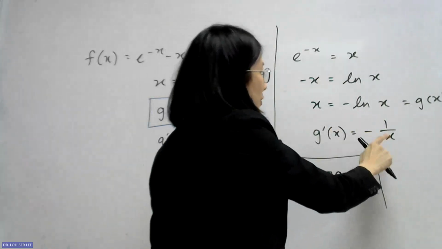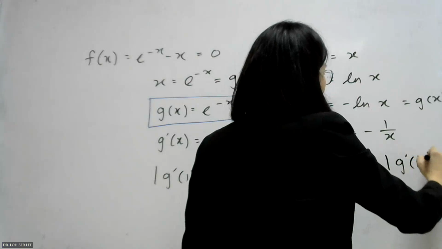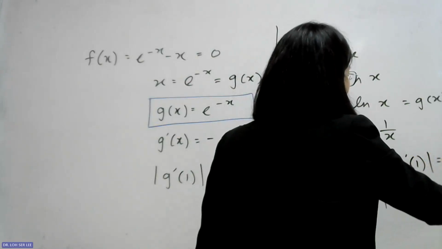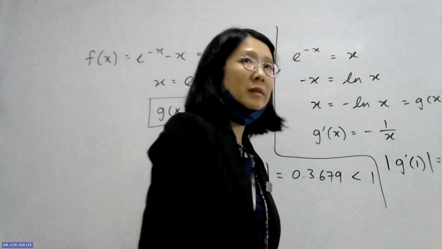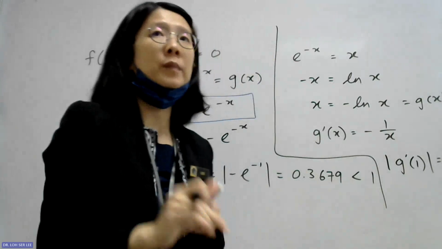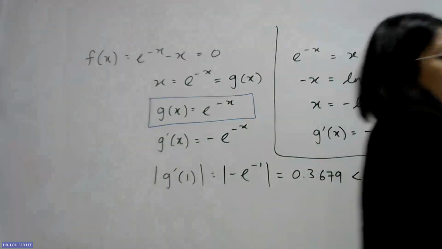So with the minus 1, when we check for this, it means negative 1 over 1, which has magnitude 1. 1 is not less than 1. So we don't use this.